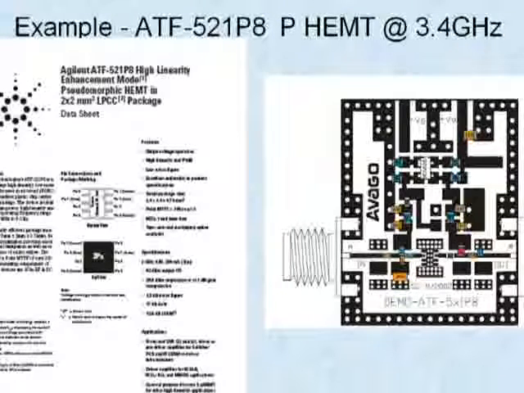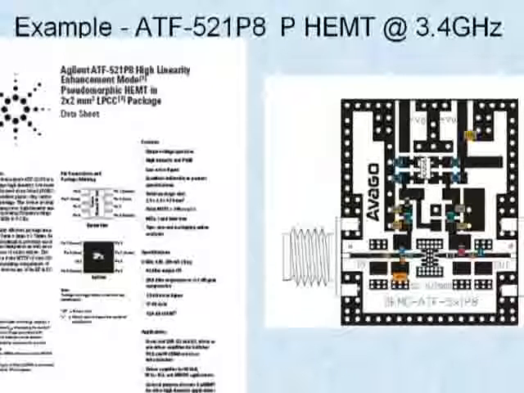These amplifiers are marvellous. So, just as an example, I'm just going to look at the data of a low noise device. I've just chosen this one. It's an ATF521P8, and it's one of these little impossible to solder down devices. I just picked one at random that happened to have some nice numbers.